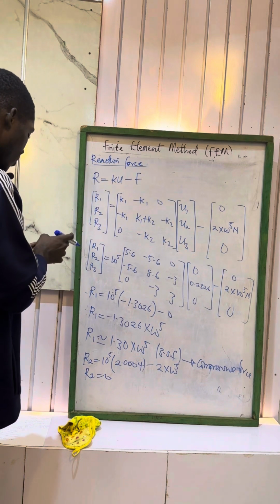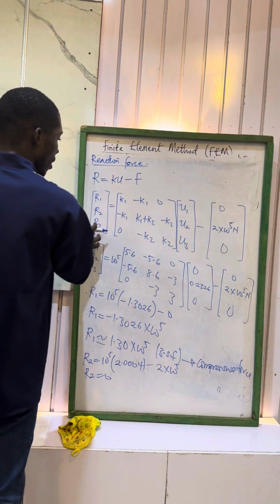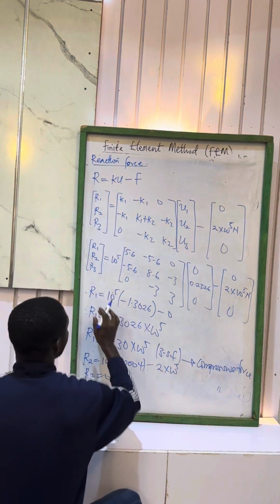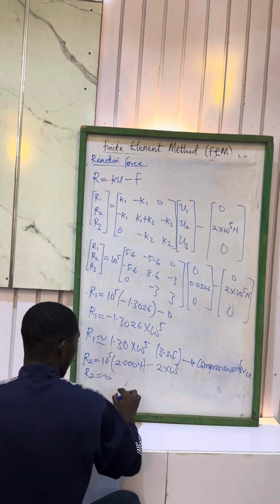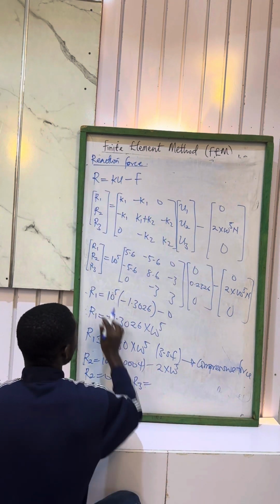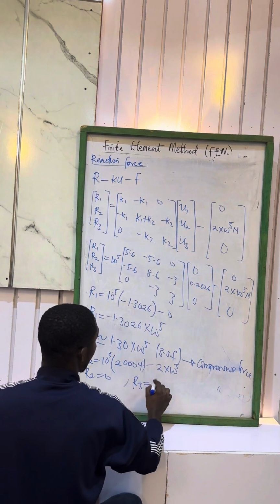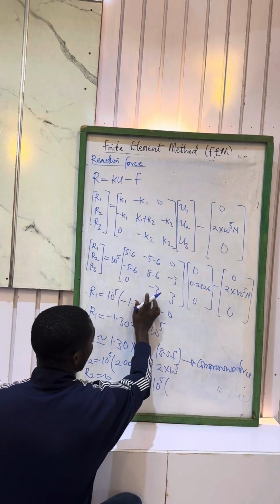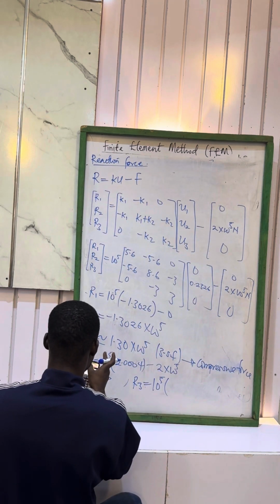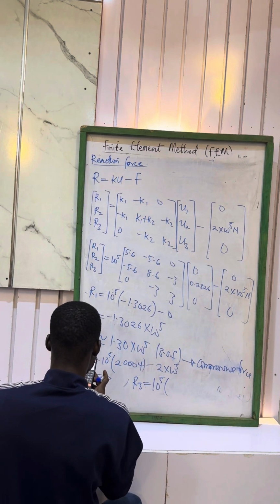So the last one, which is R3, let me write it here. R3 equals 0 times this will give me 0, minus 3 times this will give me 10 to the power 5, minus 3 times 0.2326. So let me get that.